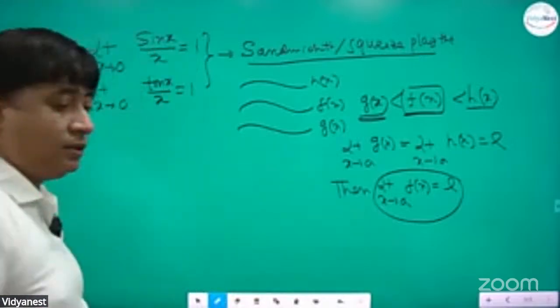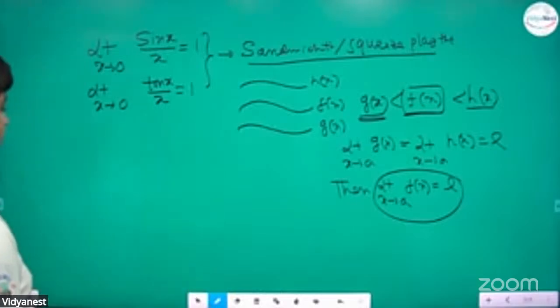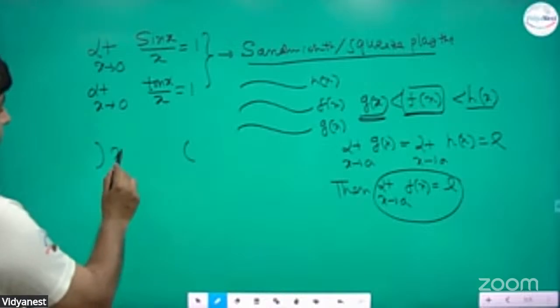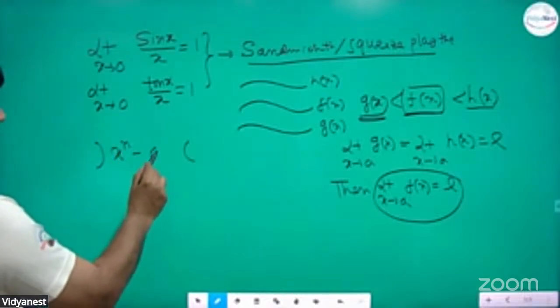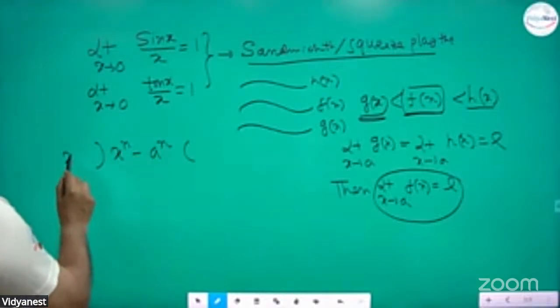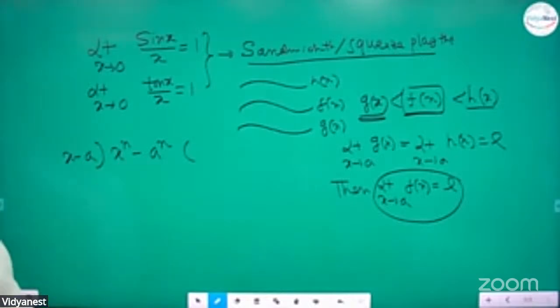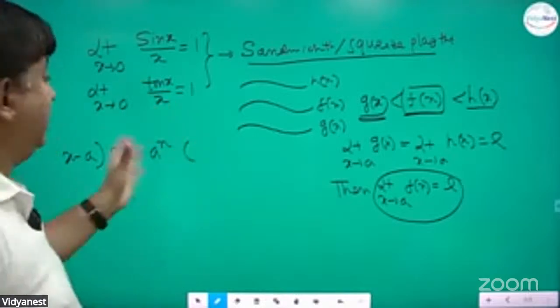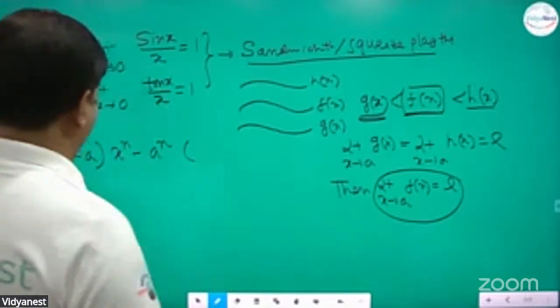Next topic: first of all, if you are told to divide x to the power n minus a to the power n by x minus a, you will get what? You were taught this in synthetic division in class 8.